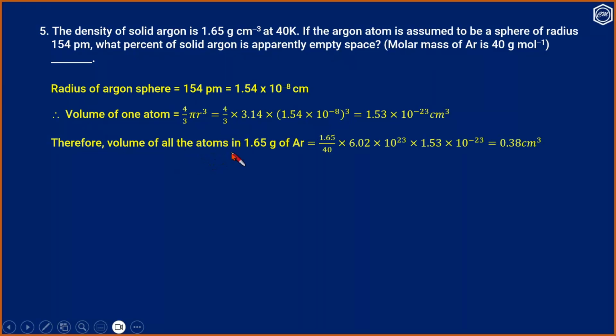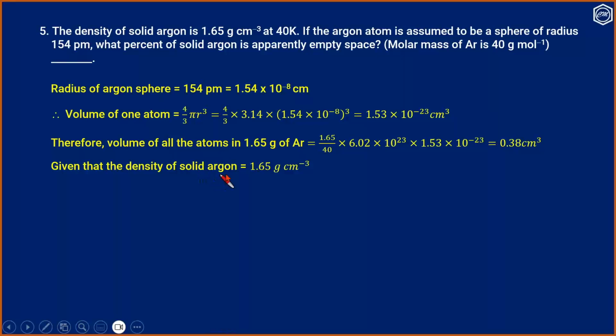Therefore, volume of all the atoms in 1.65 gram of argon. So 1.65 divided by 40, that is the number of moles, into Avogadro constant, that is the number of argon atoms, into volume of one argon atom. So therefore it is 0.38 centimeter cube.